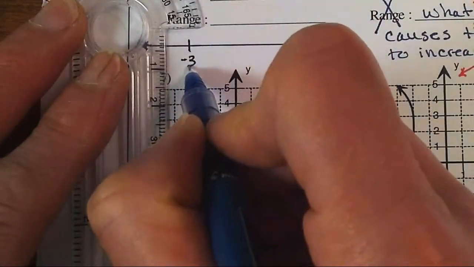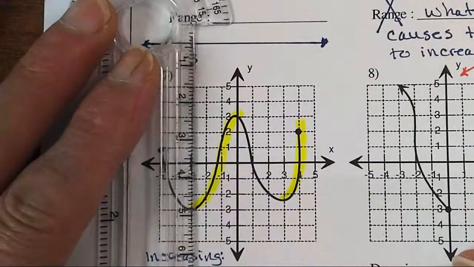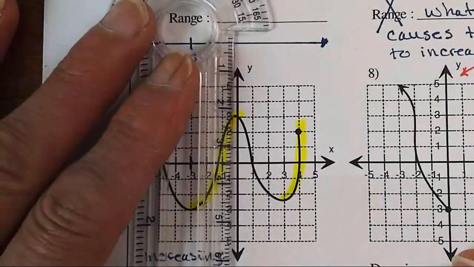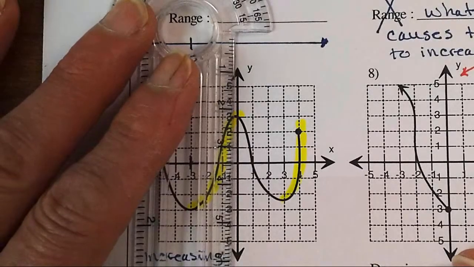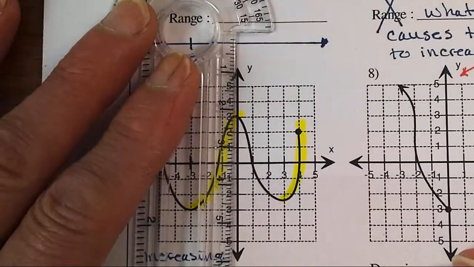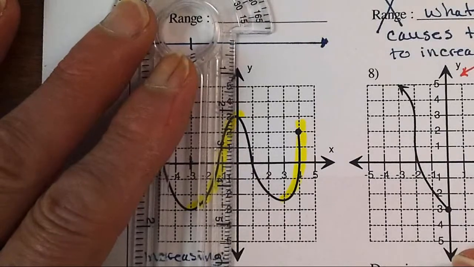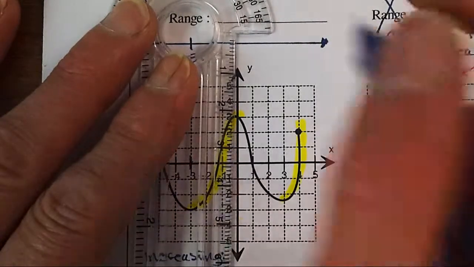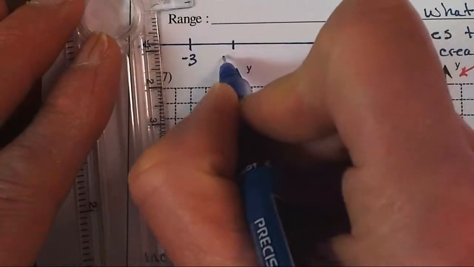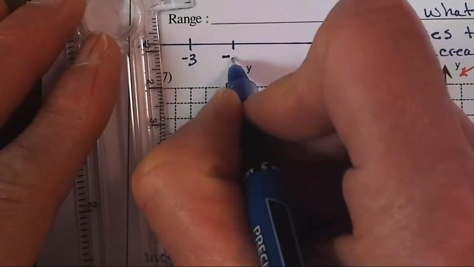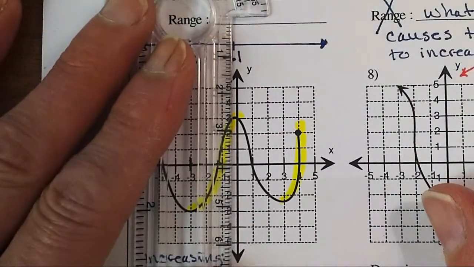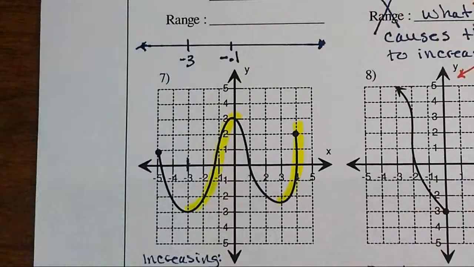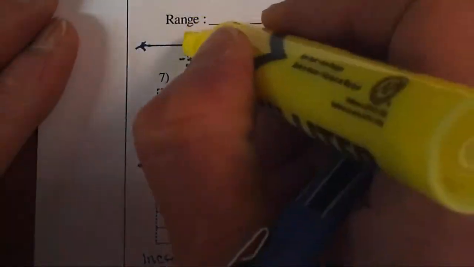And I keep going until I hit, that may not be exactly on 0, so we're going to estimate it and use a decimal. We'll say that's -0.1 or something, because it's not exactly 0. All of that in yellow is my increasing interval.